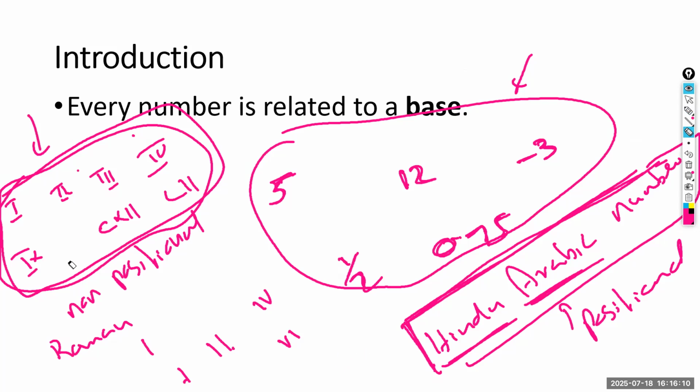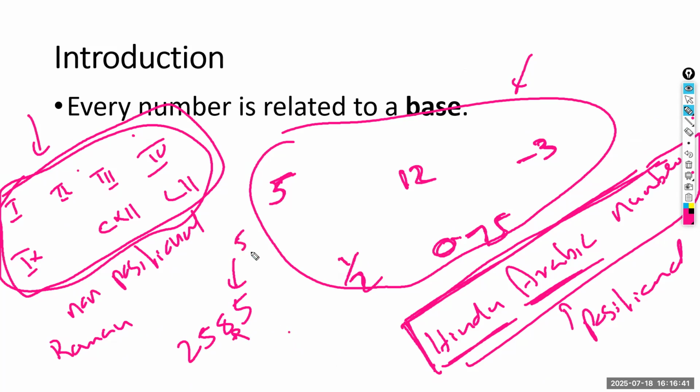That is not a very smart way to do it. That is why you need more and more symbols, or the numbers become more and more lengthy. And when it comes to fractions and decimals, it becomes even more complicated. But this is a smart way. The smart thing is all about position, positional value. For example, this is 5, but this is not 8.